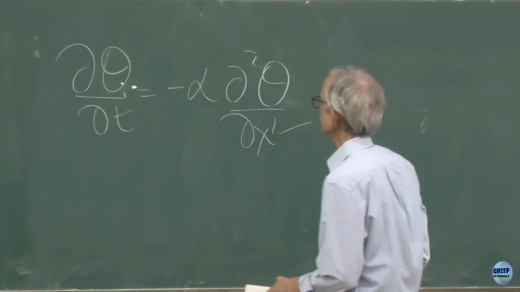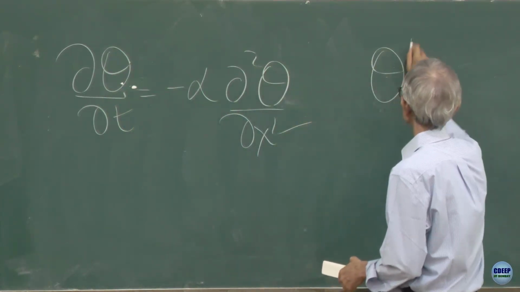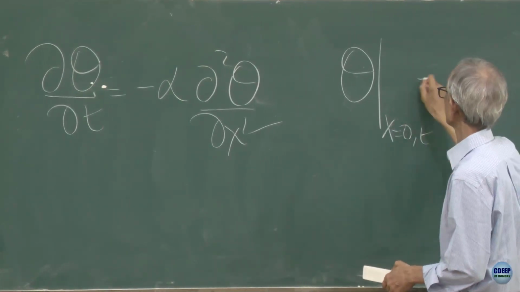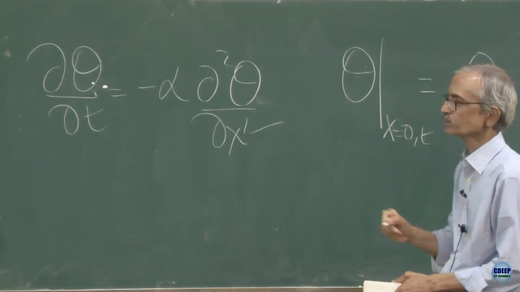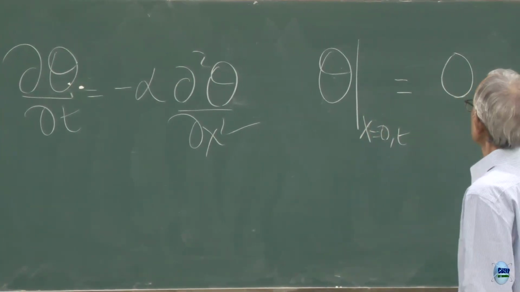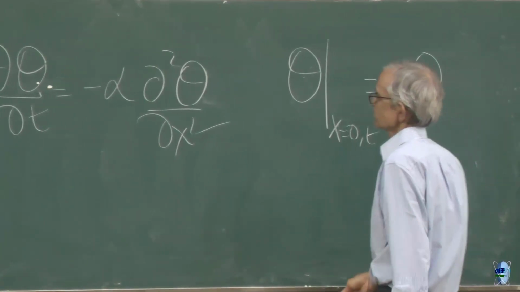Then I have theta at x equal to 0 for all time t now equal to 0. Great. So this is homogeneous.